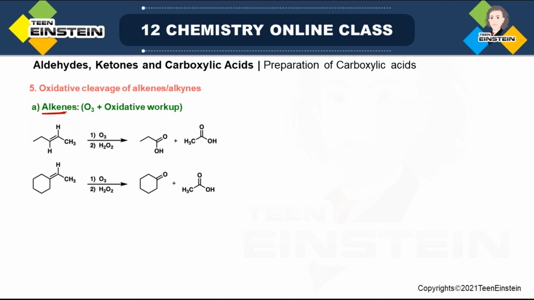For a CC double bond we will do ozonolysis, but remember ozonolysis can be of two types. Obviously we will use ozone because it is ozonolysis. In the first step you are using ozone, but the second step may be of two types. It may be oxidative workup, where you are using some oxidizing agent to get the final product, or it may be reductive workup, where you are using some reducing agent to get the final product.